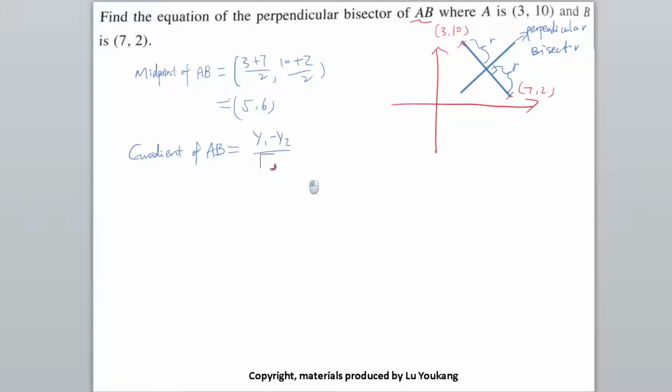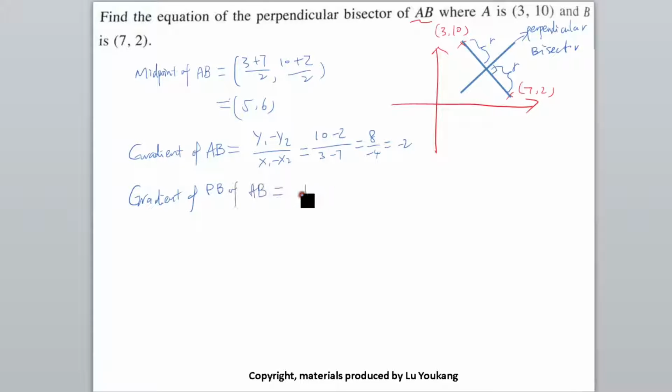So let me correct the denominator. Okay, so we have 10 minus 2 over 3 minus 7, and therefore we get 8 over minus 4, which is minus 2.